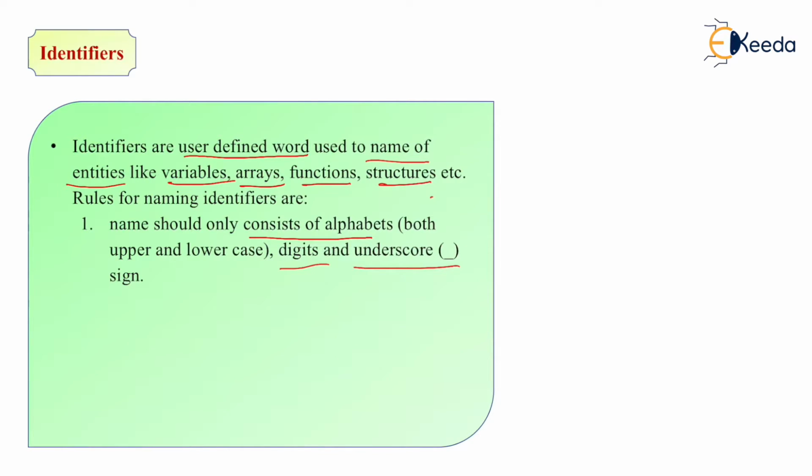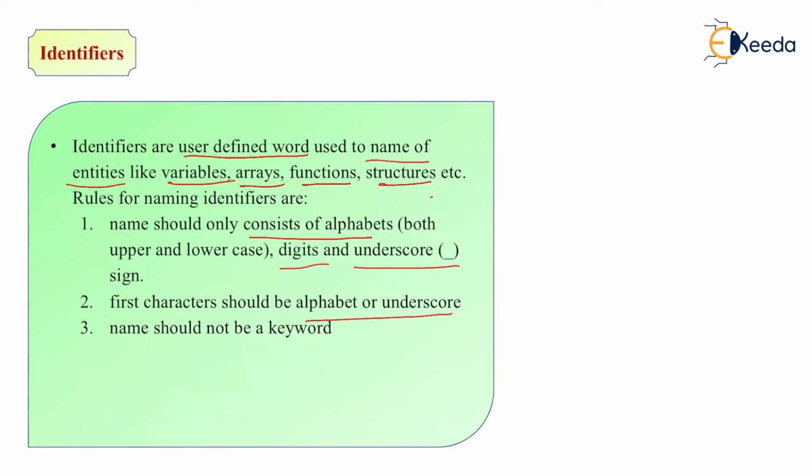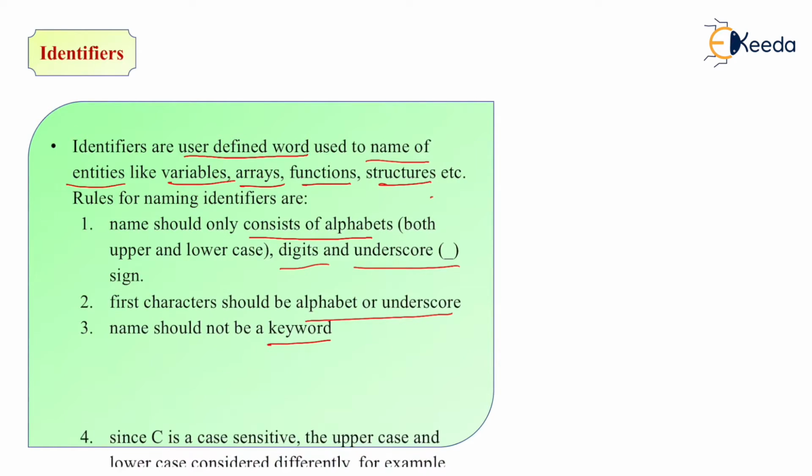No other special character is allowed to give any identifier name. The first character should be an alphabet or underscore. That means you cannot write the first character as a digit. Third, the name should not be a keyword. Now what is a keyword? We'll see next.